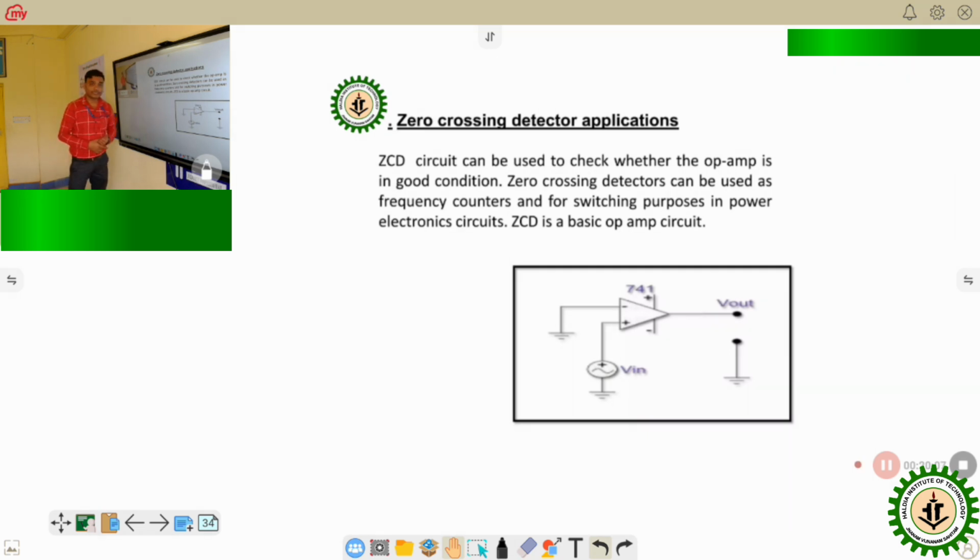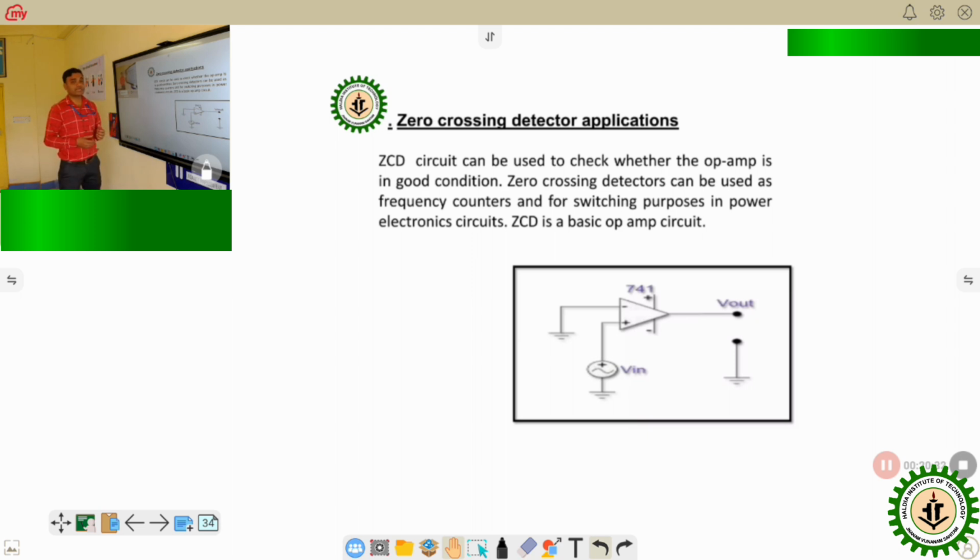Zero crossing detector application. The circuit diagram of a zero crossing detector is shown here. Inverting is grounded and input is applied at the non-inverting terminal. It is basically used to check whether the op-amp is in good condition. Okay, that's why it is applicable.